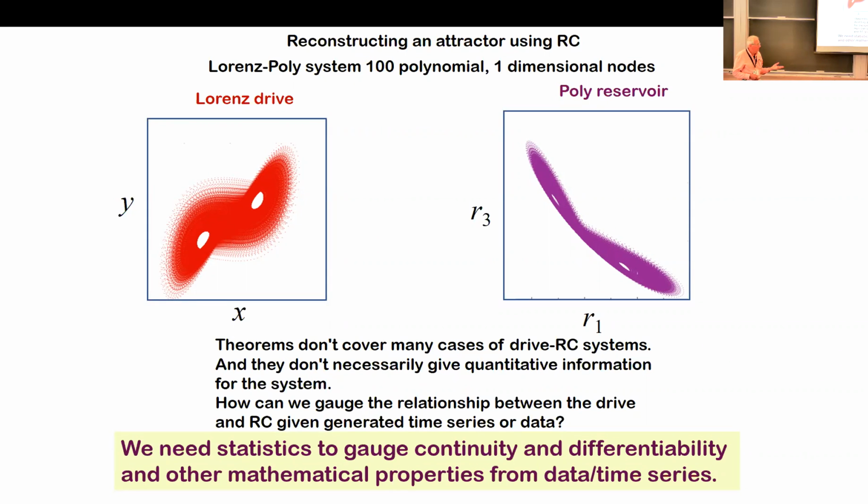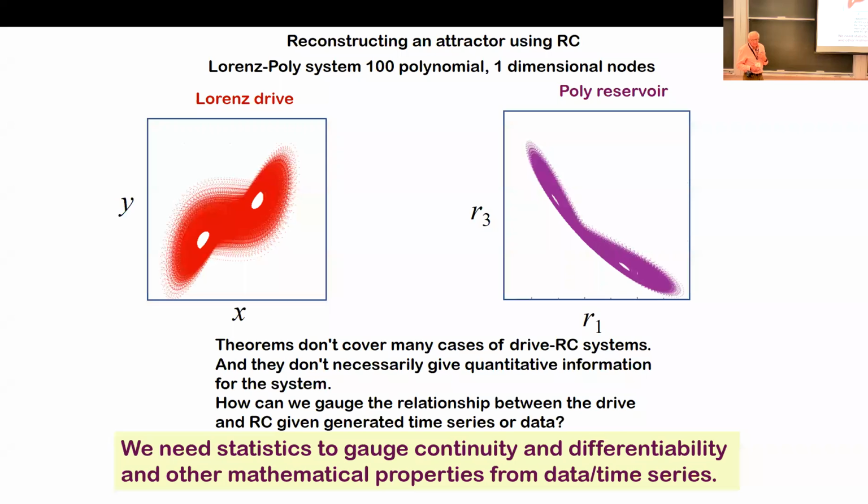Because you don't have access to all of the variables sometimes, but even when you do, you may not know the dynamics of the reservoir computer. There's a lot of assumptions in these mathematical theorems, but how would you know that you're really getting a continuous and differentiable mapping of the original drive system?